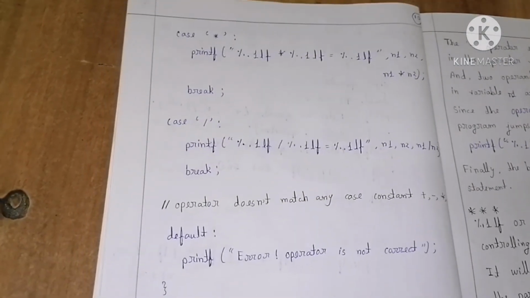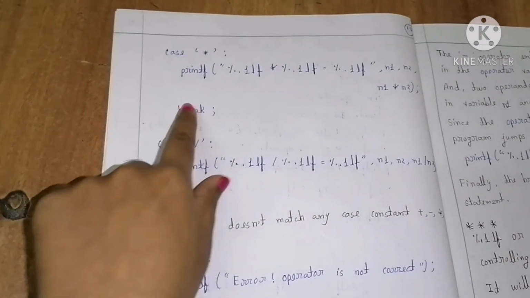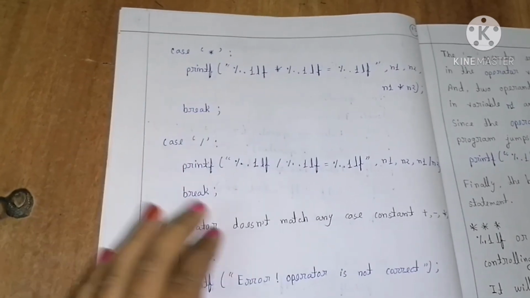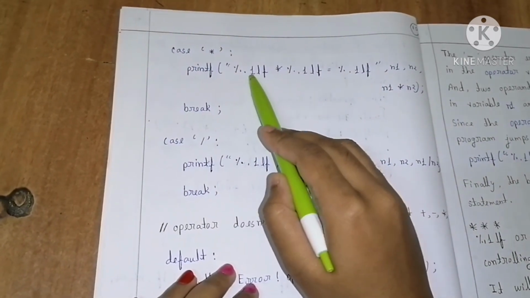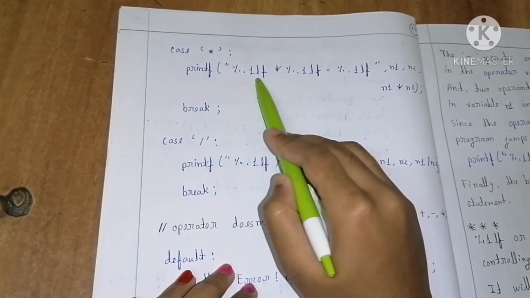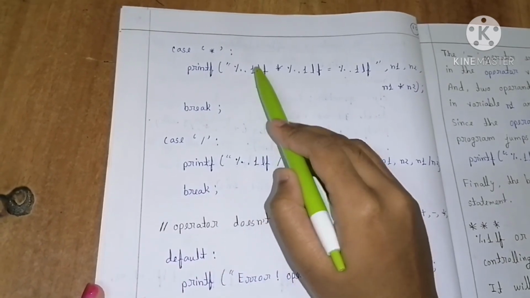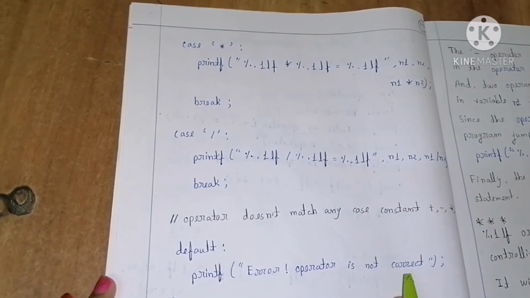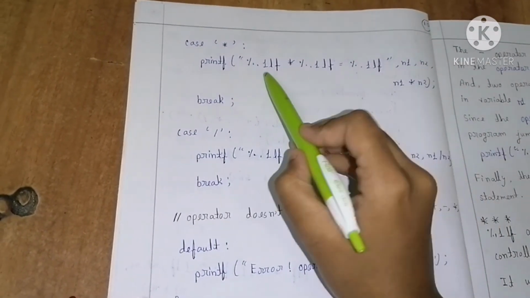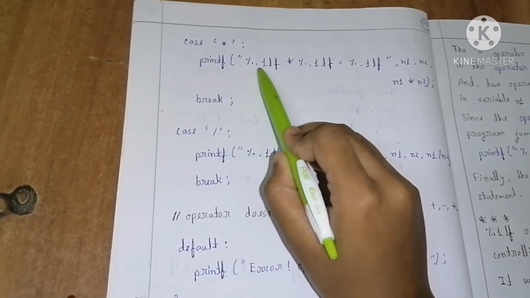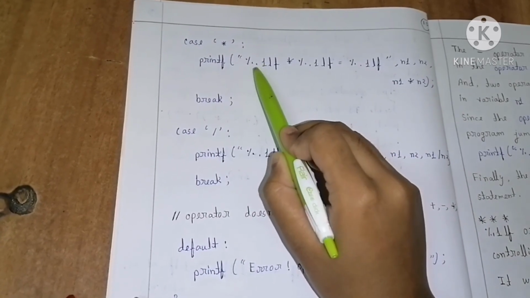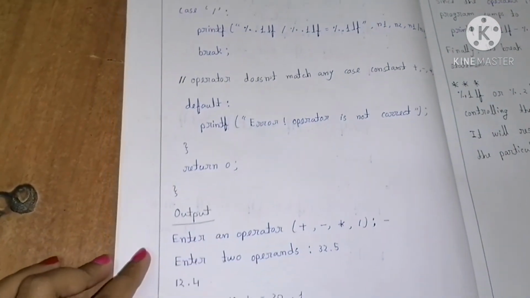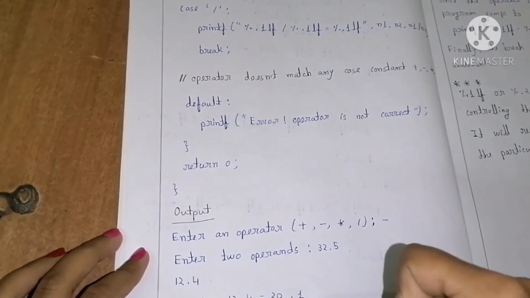Now here another one thing, here everywhere we have used percentage dot 1 lf. What is dot 1? Why we used dot 1? It is used for controlling the width of the decimal places, which means we have entered 0.1, so that after decimal point only one digit will come.